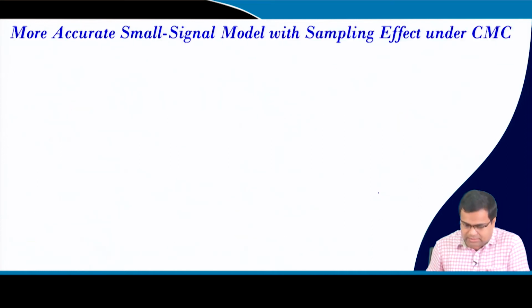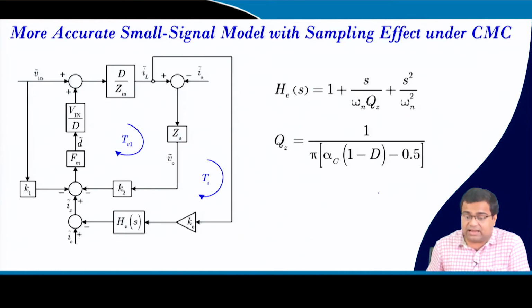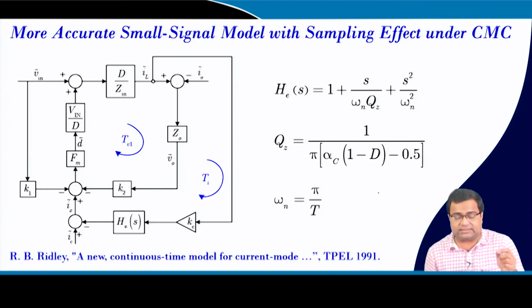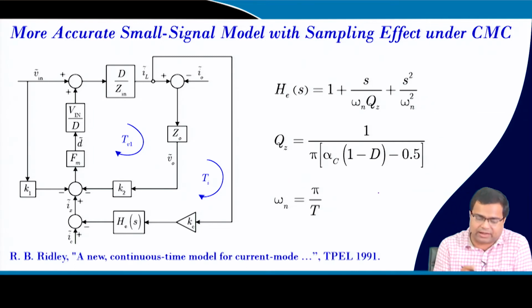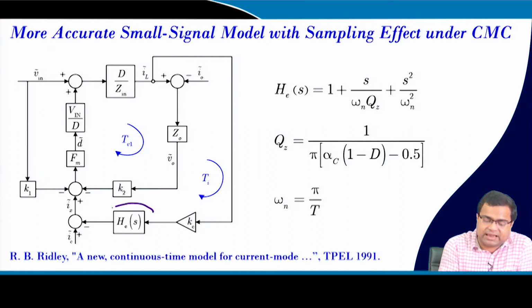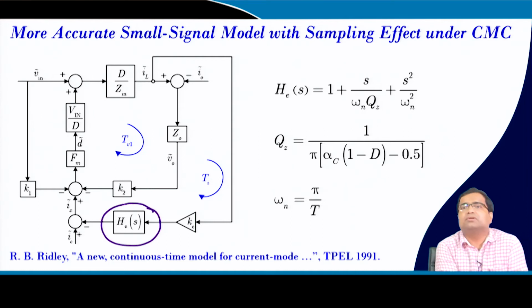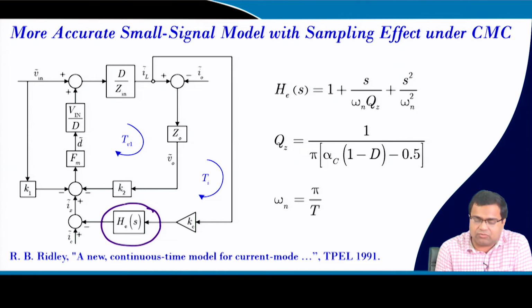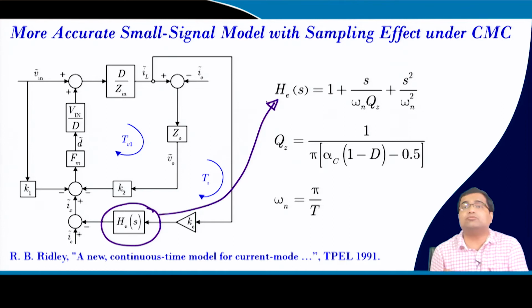But then Ridley incorporated this sample data model, and if you obtain the continuous time model, then in our earlier model you can get a current loop transfer function. In the current loop a sampling transfer function will come, due to the sampling effect.